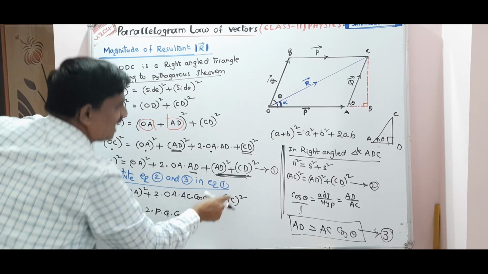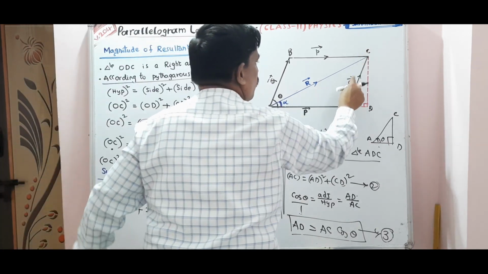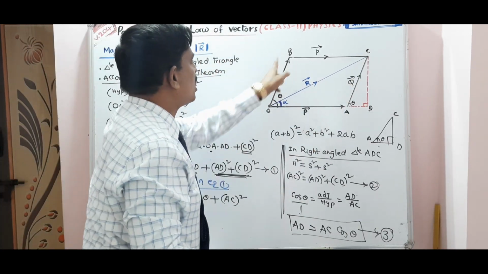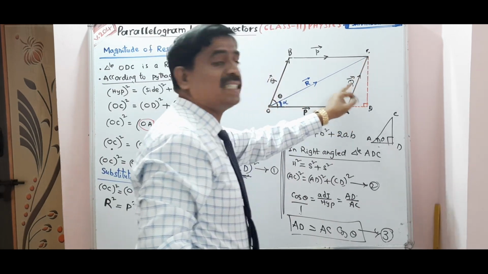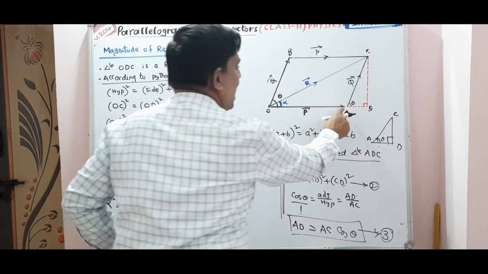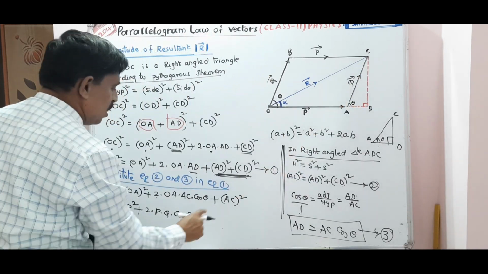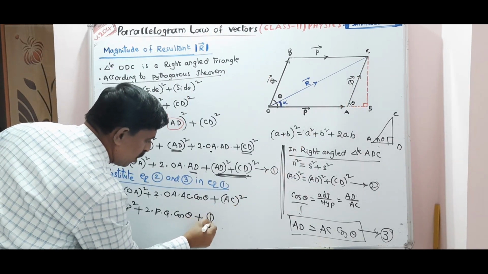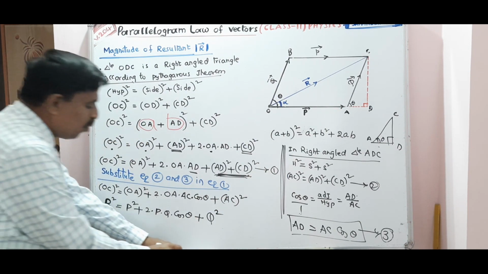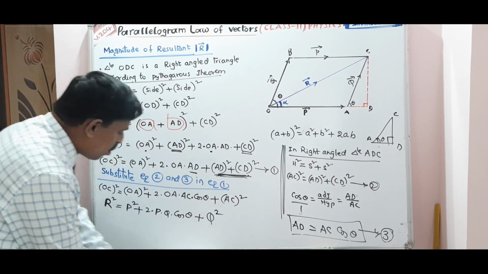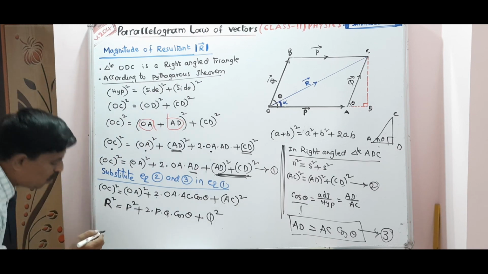AC is equal to Q. OB is Q, so AC is also equal to Q. Both are opposite sides, and opposite sides are equal. AC is equal to Q, so AC square is Q square. This is R square, but we need R only.